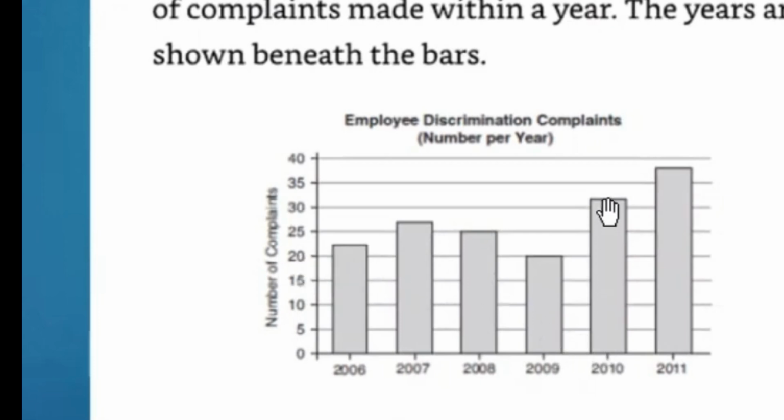And then for 2010, the bar stops here, and so we follow that to the y-axis, and we can see, okay, maybe around 32. Here's where you need to use your judgment if it doesn't stop exactly on the line like it did for 2009, right? So you can kind of estimate. And we can say, okay, this looks like maybe it's around 32 complaints, okay?